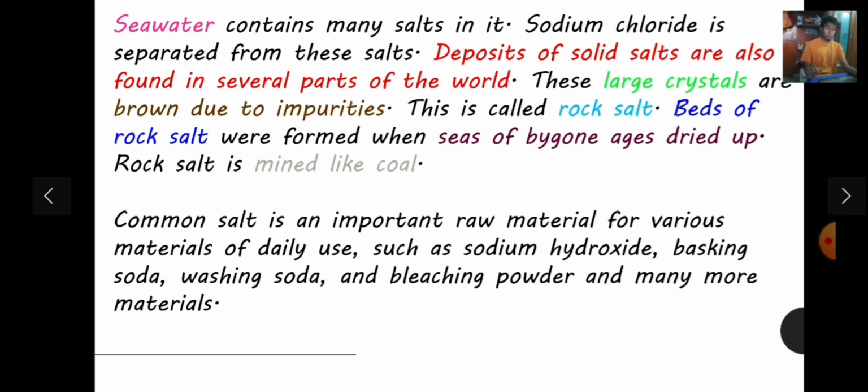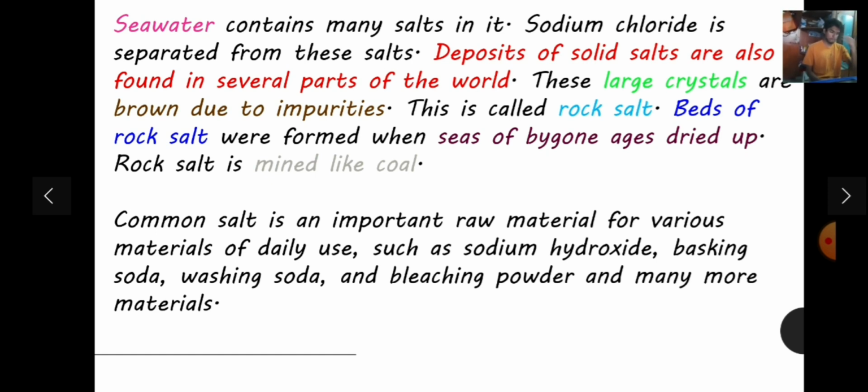Common salt is an important raw material for various materials of daily life. From this common salt, we can produce many other chemical raw materials and compounds which are used extensively in day-to-day lives, if not in homes, then in industries or elsewhere.